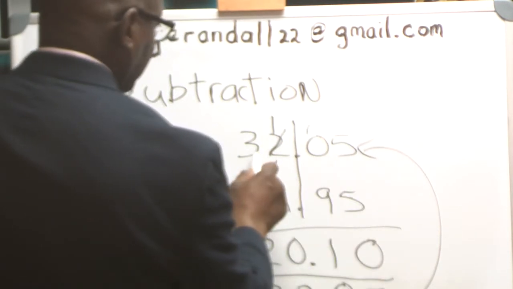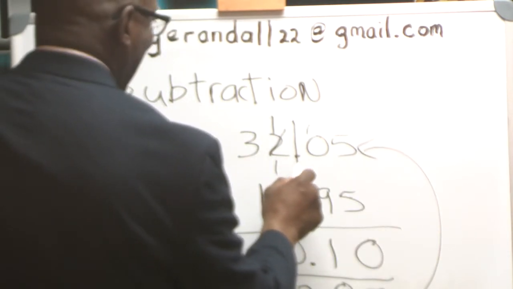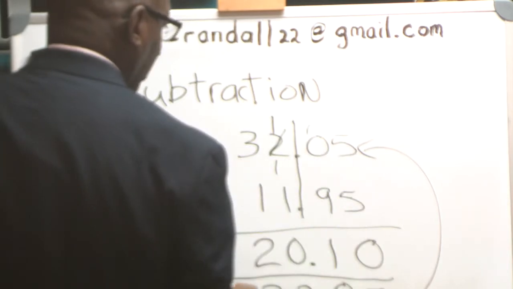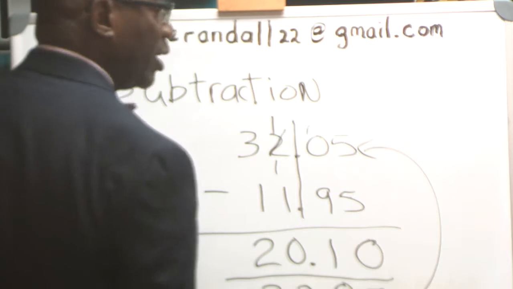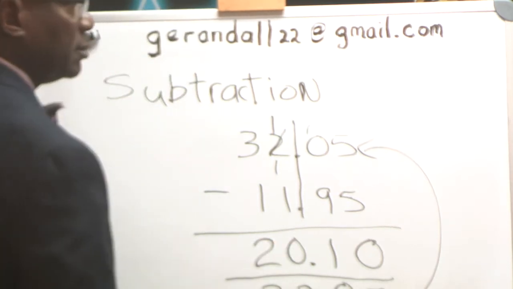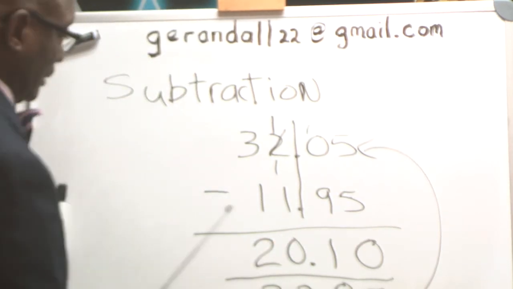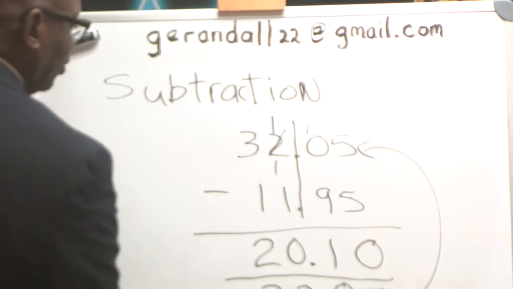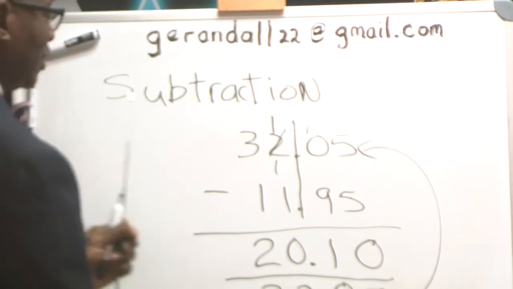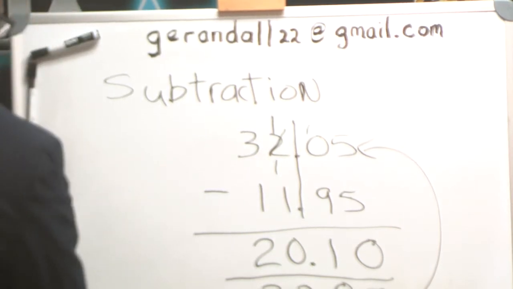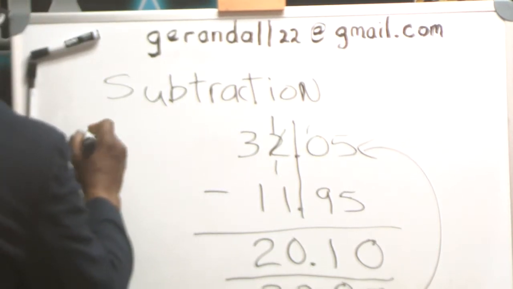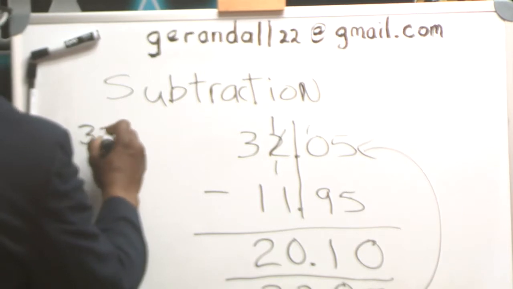That originally was 32 and 5/100. Checking it, 32 and 5/100. Hand it in correctly. Now, you couldn't see that. The verification. I need to put that over here so you can see it. Real quick. 32.